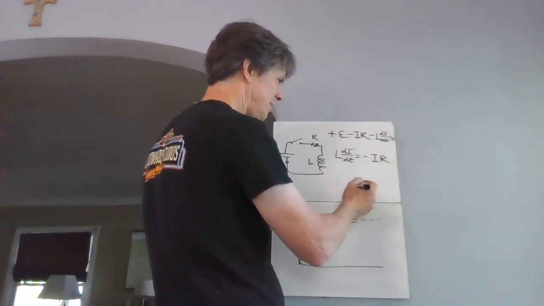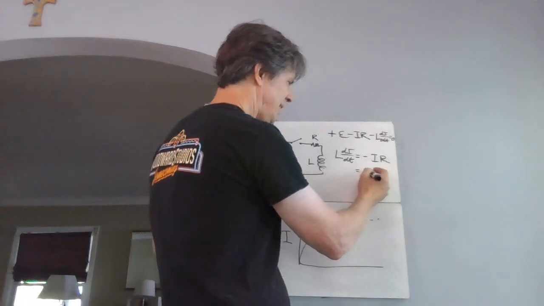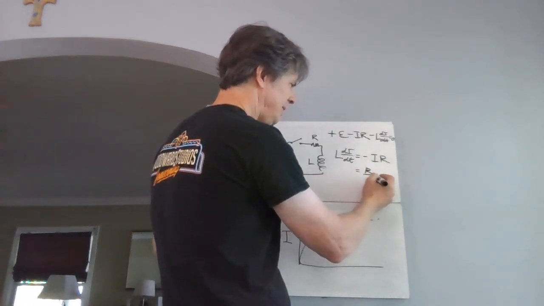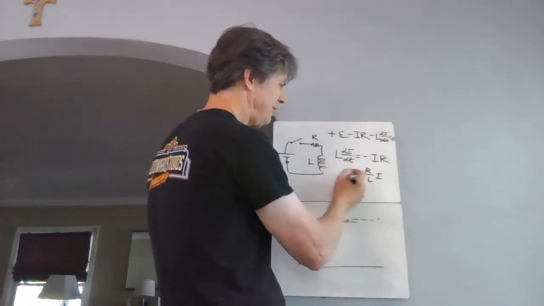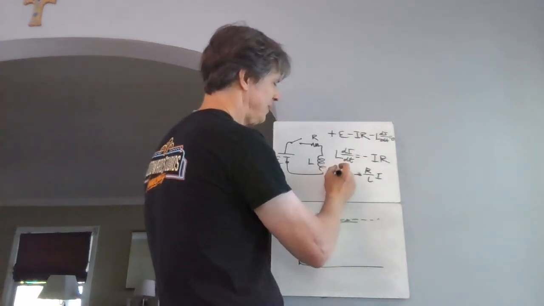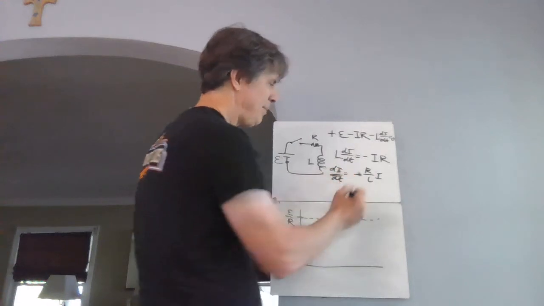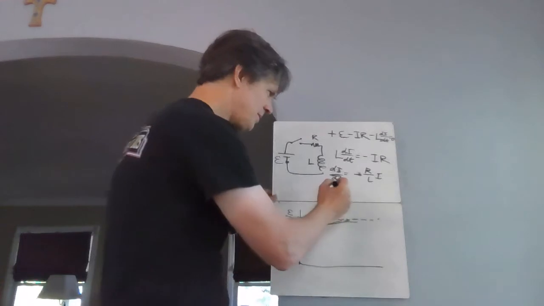Then I get negative R over L times I, and that's basically I dot; I'll write it as di/dt. Yep, di/dt.